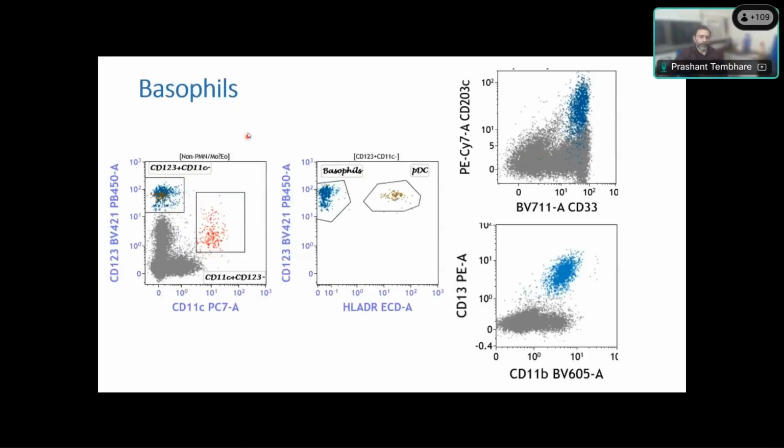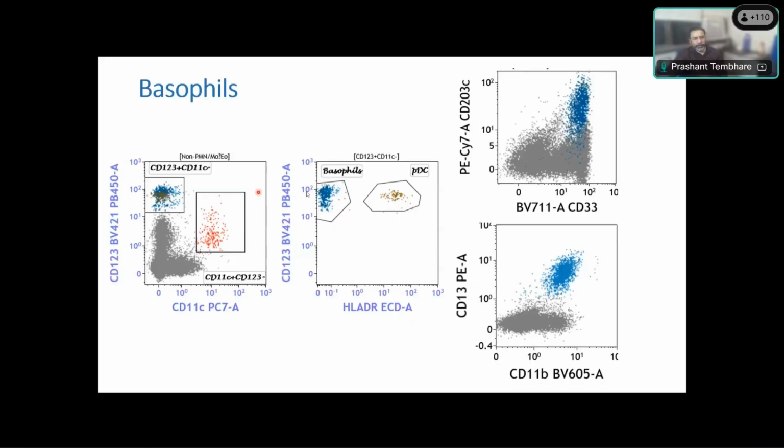Here this is peripheral blood. You can see in peripheral blood, if we have CD11C and CD123, out of the CD123 positive cells, the cells which are HLA-DR negative are basophils. The cells which are HLA-DR positive are plasmacytoid dendritic cells. You can see the CD203C positive basophils, and basophils also show expression of CD13 and CD11B. As I mentioned earlier, CD13 and CD11B are typically positive in basophils, moderate and homogeneously positive.